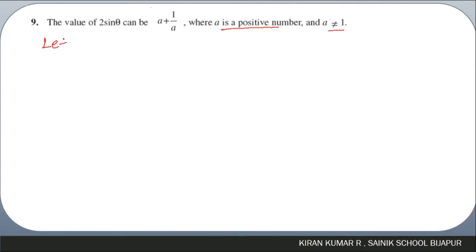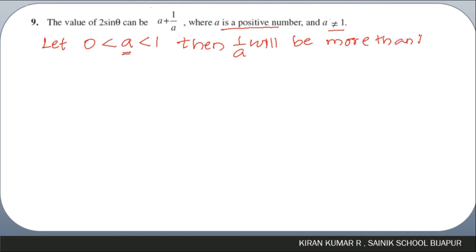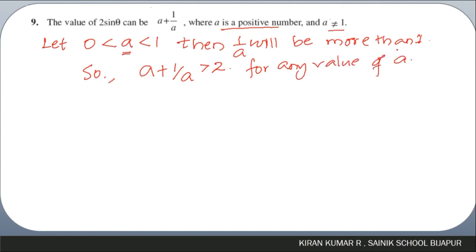So it means that 0 is less than a less than 1, or a can be greater than 1. Then 1 by a will be more than 1. So a plus 1 by a will be greater than 2 for any value of a.